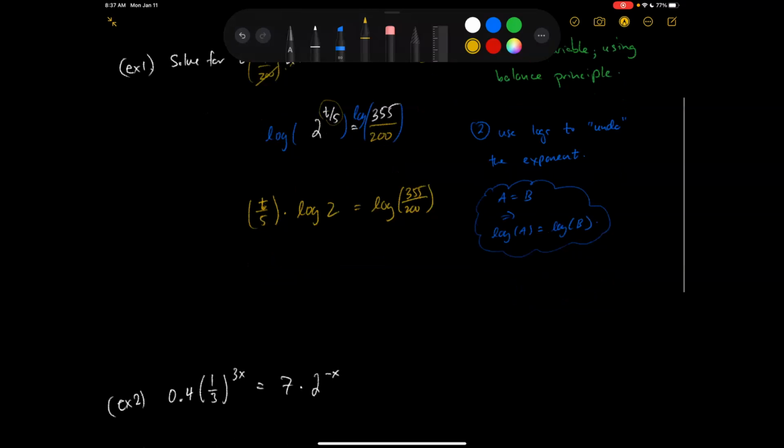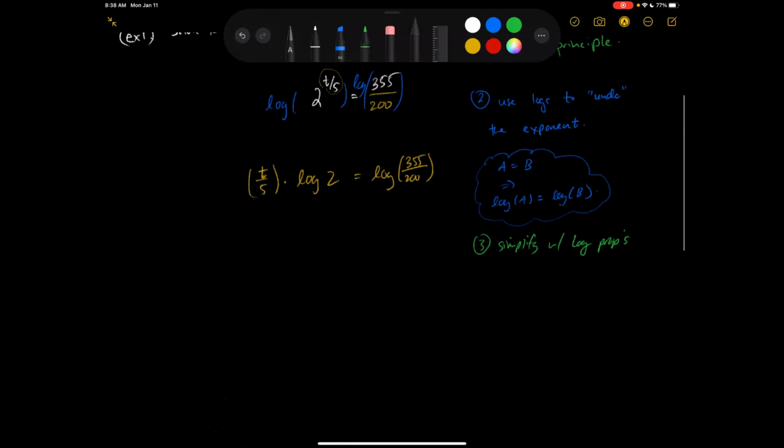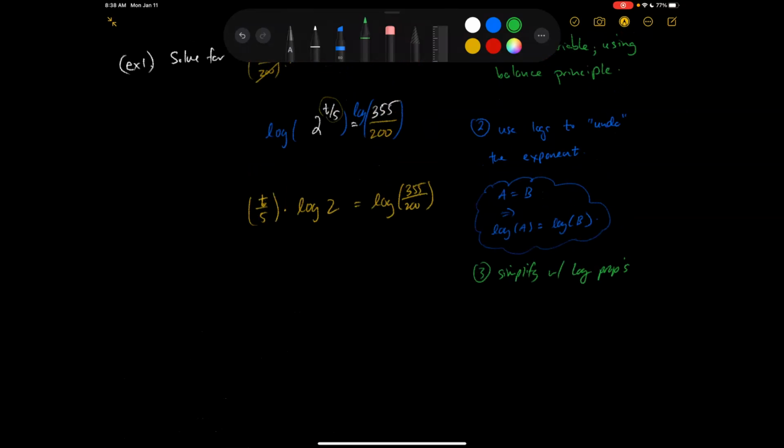All right, so from here now we can do a little bit more with the properties of logs. So I'm just going to write over here, simplify with log properties. So we're going to simplify this using log properties.